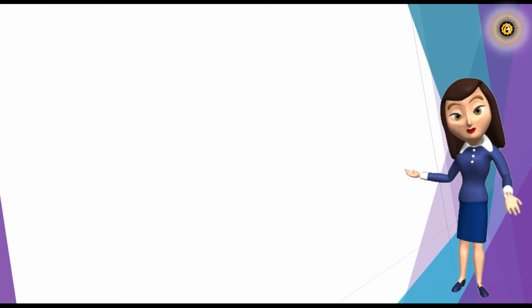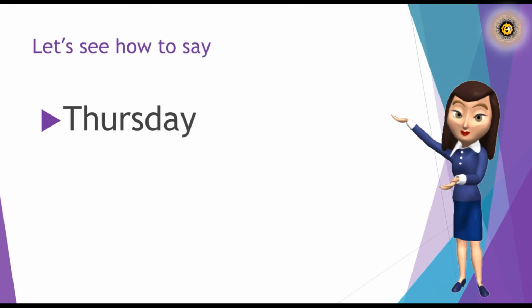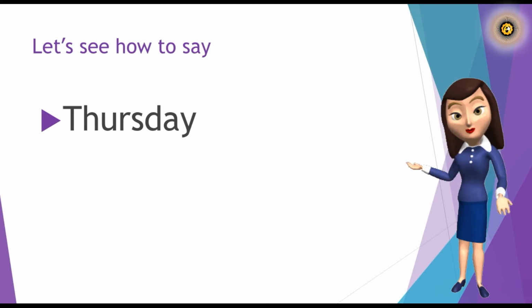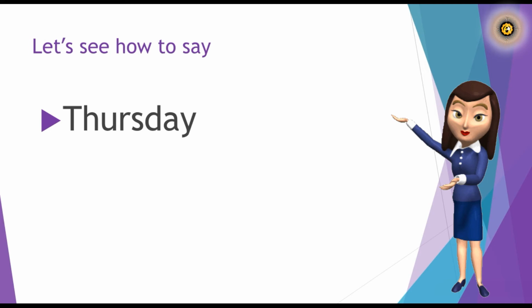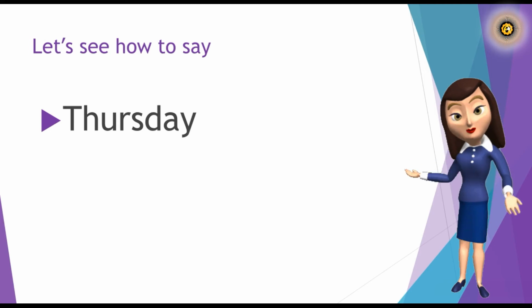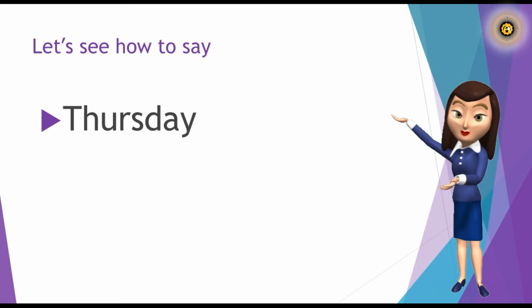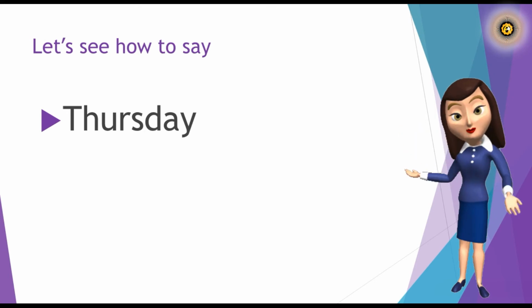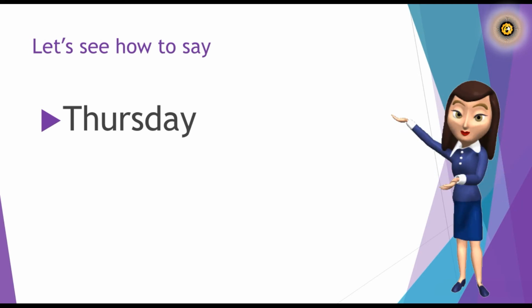Okay. Alright, let's see how to say Thursday in Urdu. Thursday is one of the days of the week. That's right. We have already learned Monday, Tuesday, and Wednesday. I hope that you do remember them. You can always go back and watch the lesson again and learn.